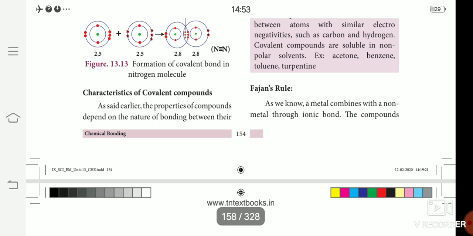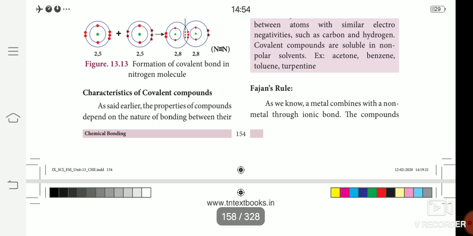Ionic compounds are soluble in polar solvents like water, while covalent compounds are soluble in non-polar solvents like benzene and carbon tetrachloride. They are insoluble in polar solvents like water.